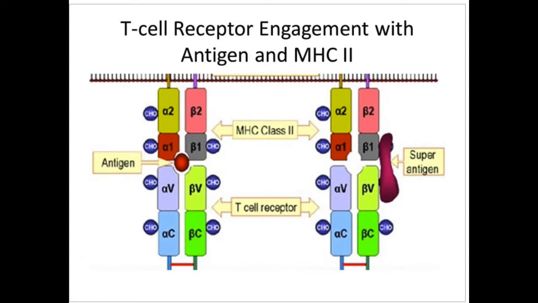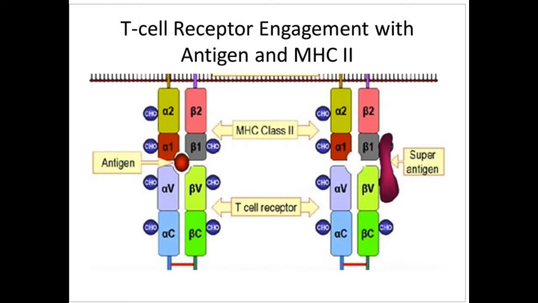Instead, it seems to stick to the outside, and so it binds T cell receptor and MHC class 2 in sort of an artificial fashion that results in a form of activation that's very potent, and these patients will have increased levels of TNF, interleukin 1, and so this is classic for staphylococcal shock syndrome.